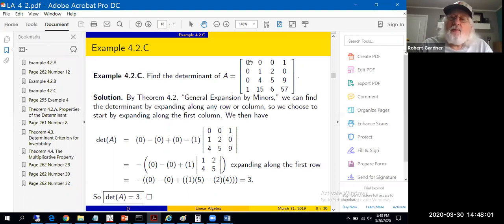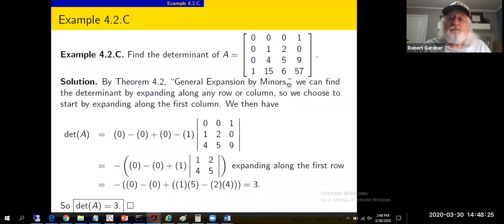So anyhow, A11, A21, A31, A41. Okay, so let's see, we'll have a -1 to the 4 plus 1. That'd be -1. Yeah, that's right, there's a negative there. The matrix entry is 1, and the associated minor matrix is 0, 0, 1, 1, 2, 0, 4, 5, 9. Let me make it big. Okay, so we need to compute the determinant of this 3 by 3 matrix.